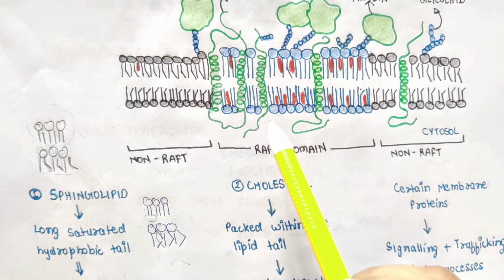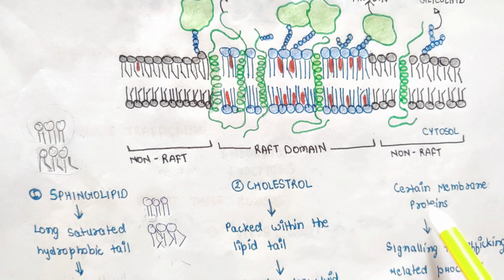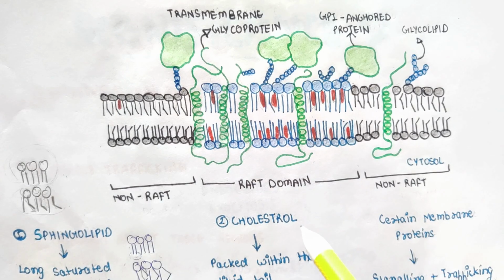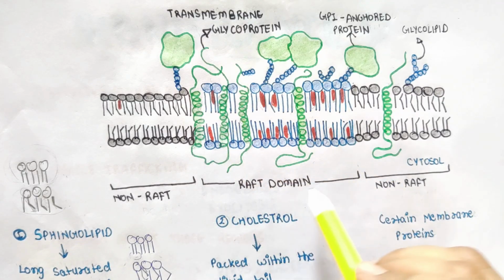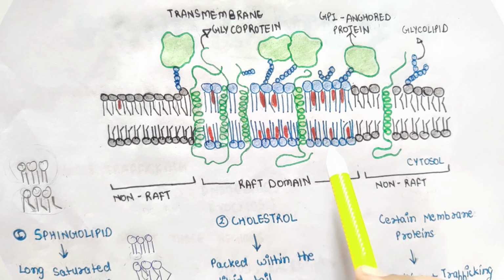And thirdly, these lipid rafts are also enriched with certain membrane proteins involved in signaling and trafficking related processes. Now the next question that comes to mind is what the significance of these raft domains is. So let us know the answer.